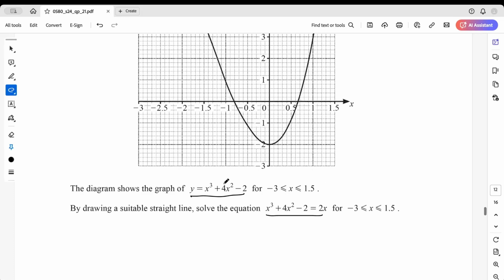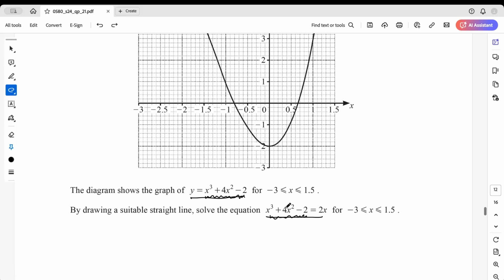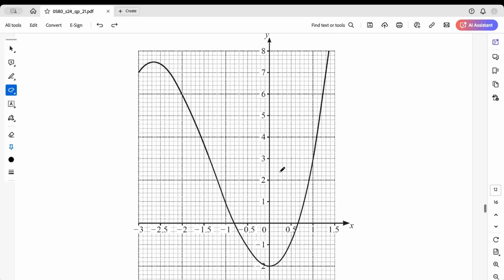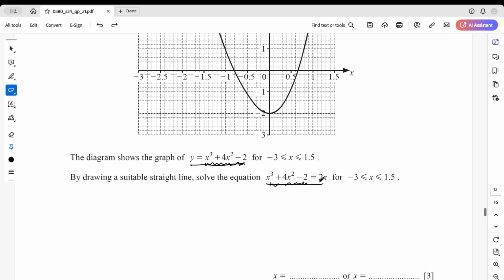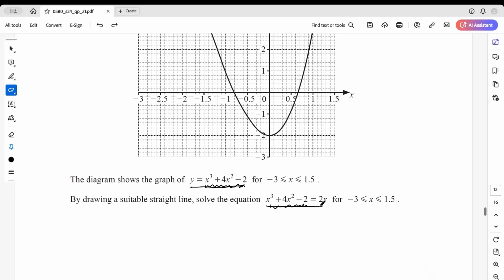So this is your original equation, and this is my modified equation. What can you see is different? I see this x cubed plus 4x squared minus 2. I see it here. It's the same. But instead of y now, I see 2x on the other side. That means this x cubed plus 4x squared minus 2 is this graph. But I see 2x on the other side, meaning I want to see when this graph intersects with the line y equals 2x.